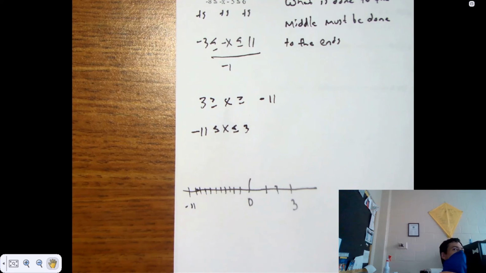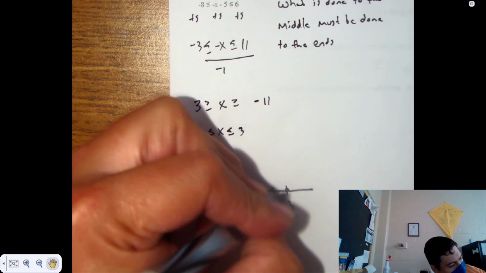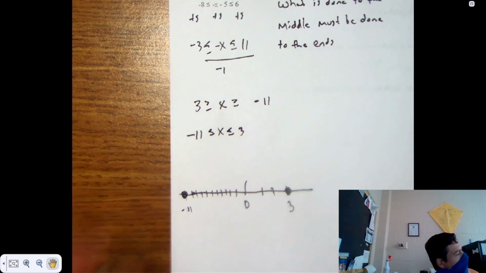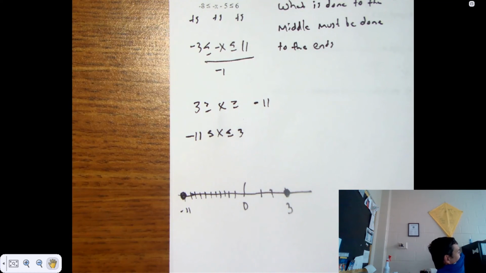Now you got to ask yourself how you're going to shade. In between. Just look at the inequality itself. It's got x in the middle, shade in the middle. It's really that simple. You just shade the space in between. Nothing more. If you draw your arrows right, you'll see that x is in the middle. You shade them like that.